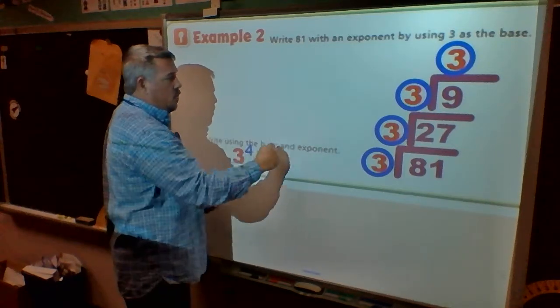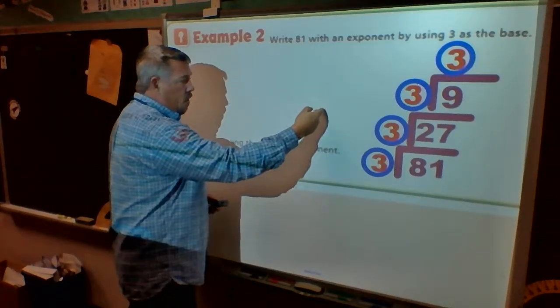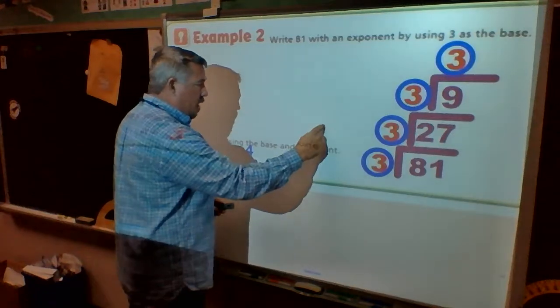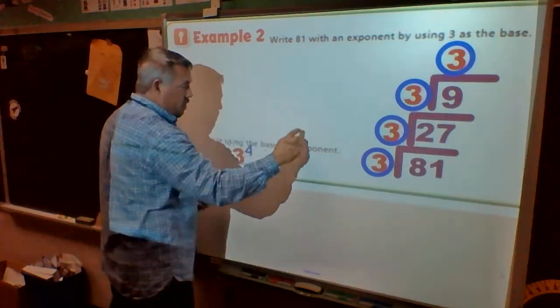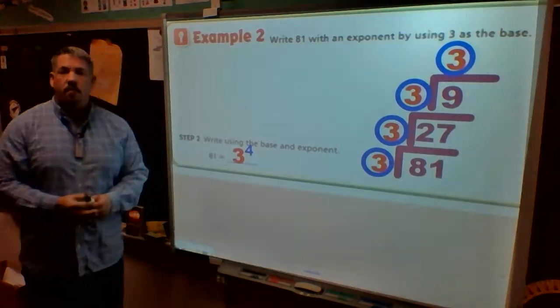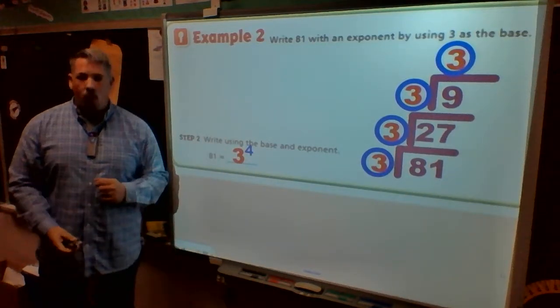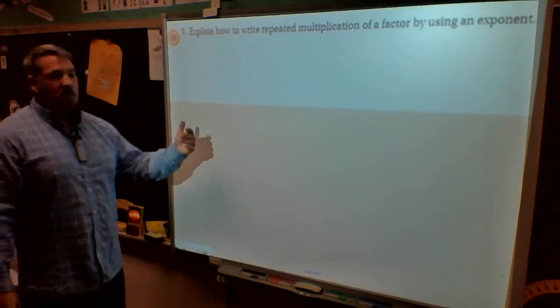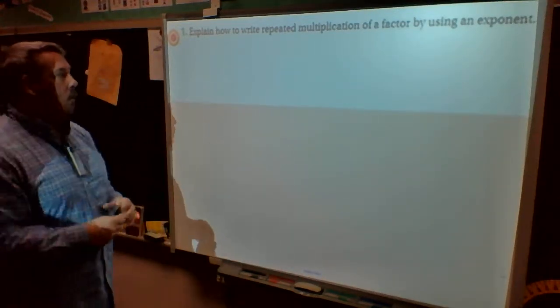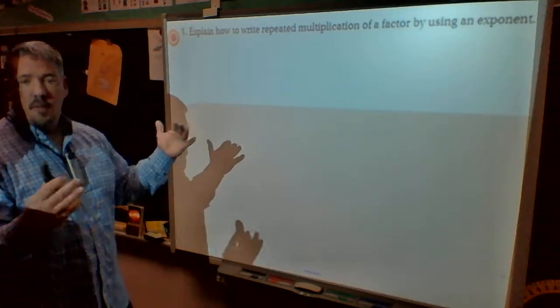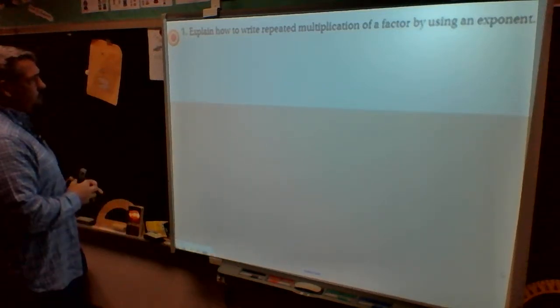And then you would tree the 27, and 3 would go into 27 9 times. And then you would tree the 9 and end up with 3, 3, and then you would circle your 4 3's again. Still get you to the same point. So we get the same answer that we would have gotten by doing the guessing game of how many times we're going to write the 3 and find its exponent.